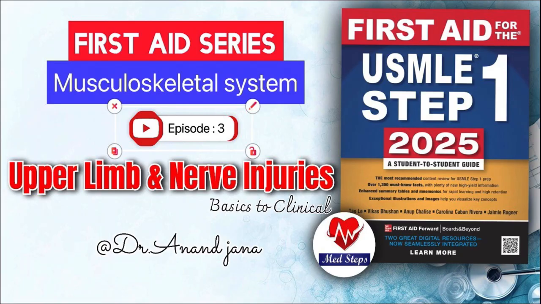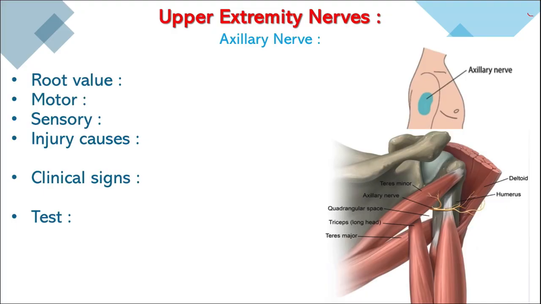First, in the upper extremity nerves, we are going to discuss the axillary nerve. Its root value is C5 to C6.